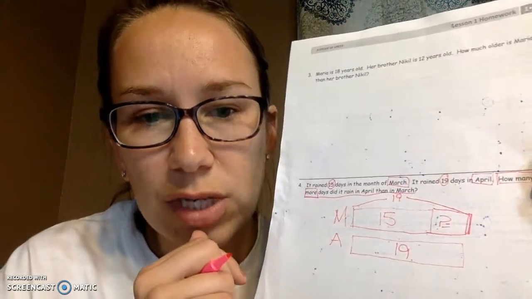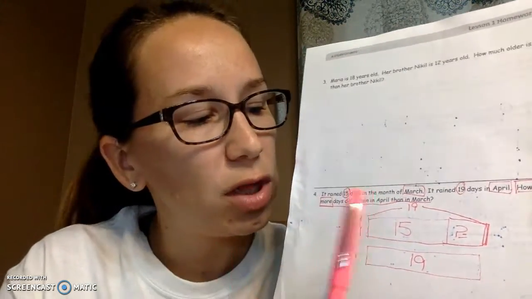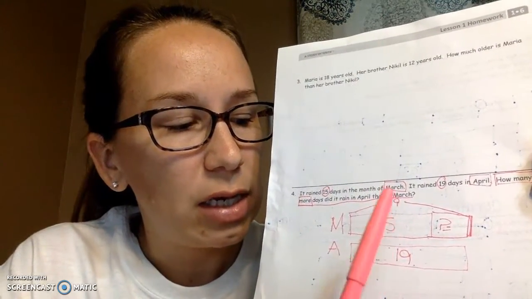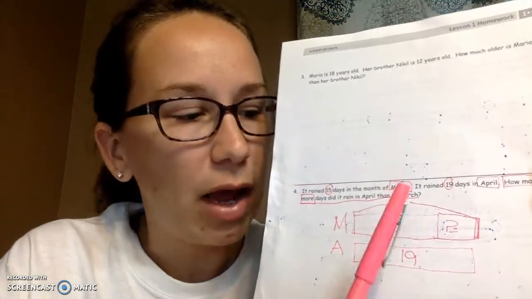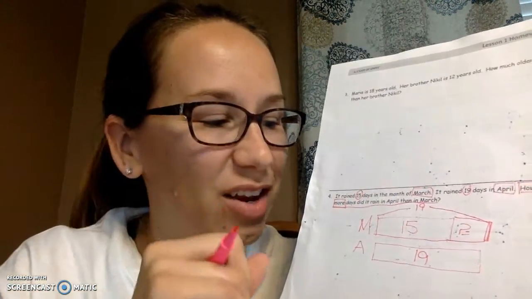To figure this out, we used a strategy when there wasn't a big difference between the two numbers, counting on. So I start at 15 and count on until I get to 19. 15, 16, 17, 18, 19. So that is the number 4.